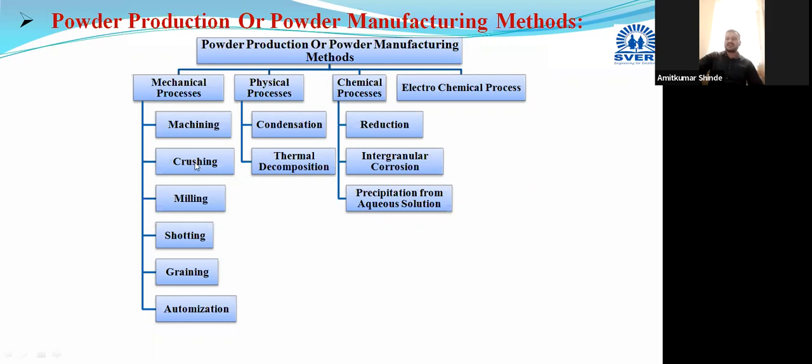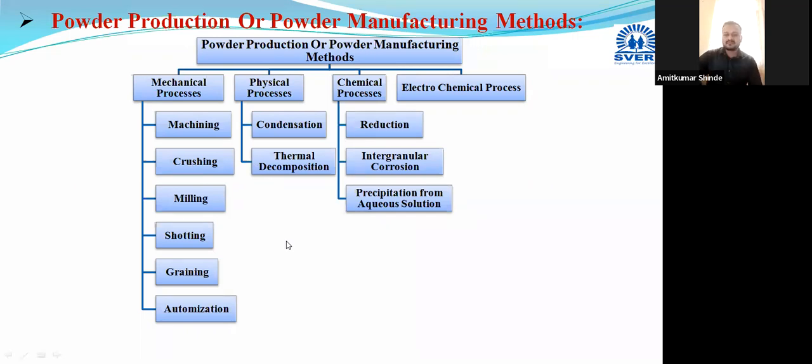Crushing can be done on brittle material as well as ductile material. If the material is brittle, then after crushing, whichever powder is produced, its shape will be angular, in some angle shape like this. When crushing of brittle material is done, the powder particles obtained will show angular shape. And when we obtain the powders from ductile material, then its shape will be flake shape.